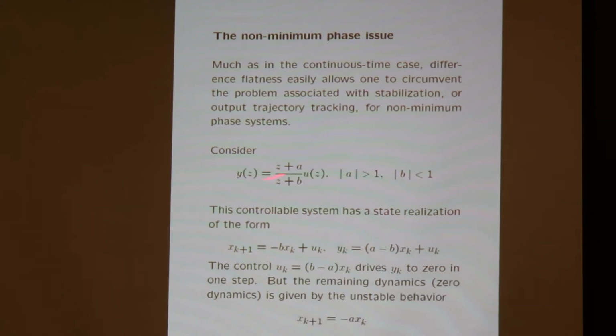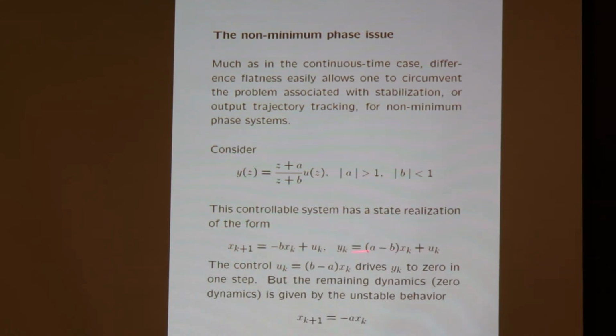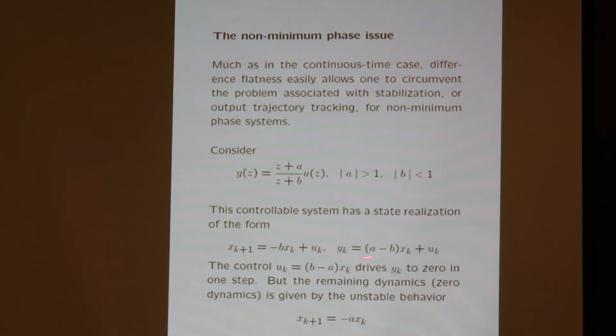So this is a system in which you want to control things. You want to control the output. For instance, it's very easy to see that if you put u_k, you cancel these dynamics, then you drive to 0 in just one step. But then you have a zero dynamics, and the zero dynamics reflected here will be that since you are using this control, you would be canceling the stable pole and imposing an unstable 0 in the flat output dynamics.